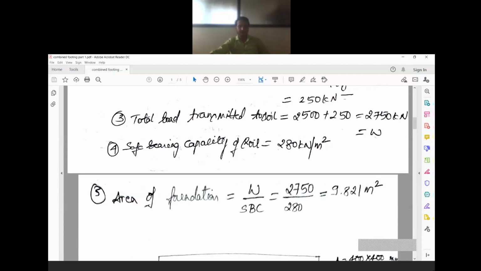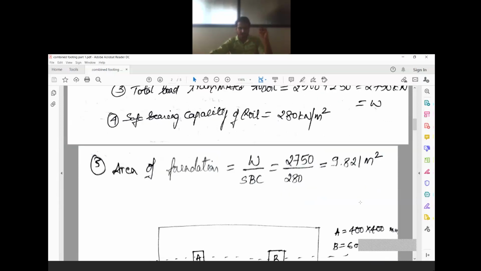Then I will calculate the area of foundation. The formula is total load transmitted to the soil divided by safe bearing capacity of the soil. Safe bearing capacity is given in the question, which is 280 kilonewton per meter square. We shall substitute it in this formula. 2750 divided by 280 will give you 9.821 meter square.